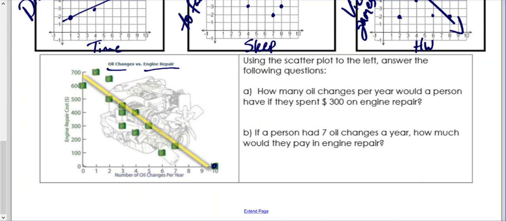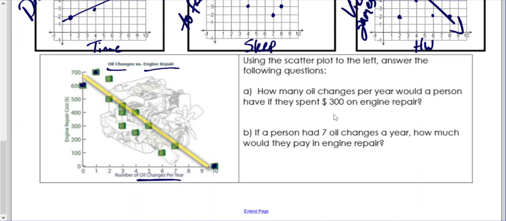So this is one piece of data that's saying that they did 10 oil changes per year and they never had to repair their engine. This person did not change their oil at all. They had to spend $600. Now, it's not always true that you're going to have to spend more money with fewer oil changes. This person had one oil change, and they spent a little bit more money than them. But the general trend is that you spend less money if you change your oil more often.